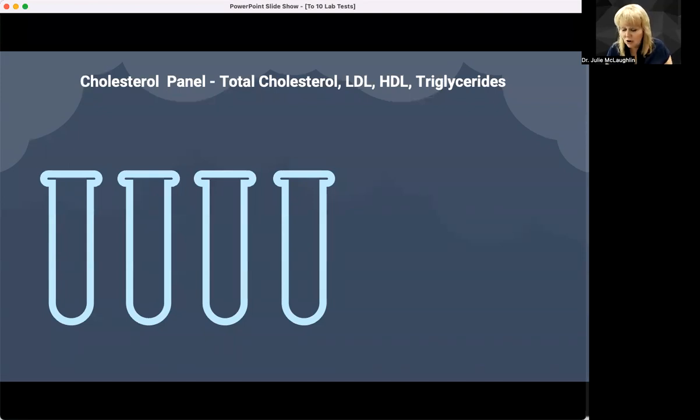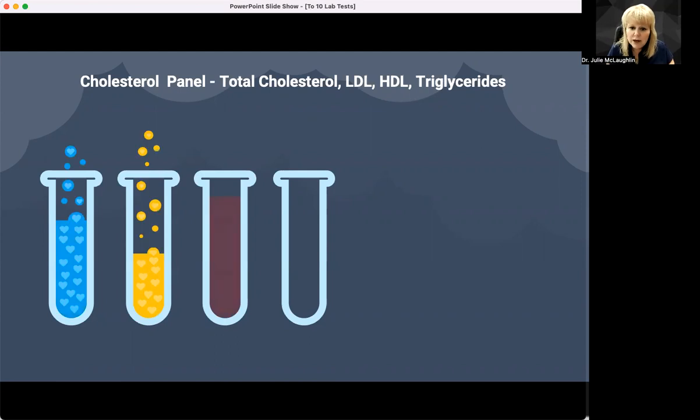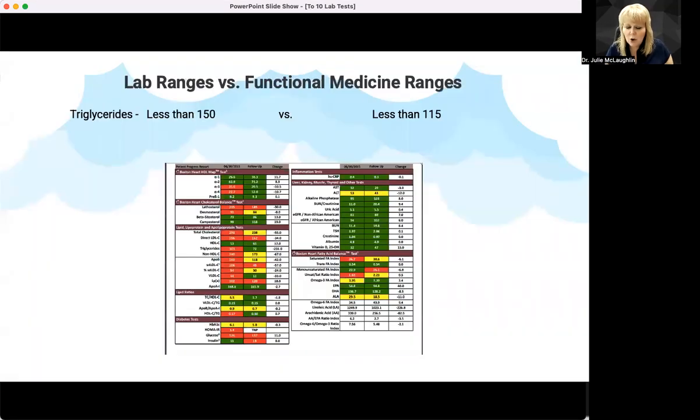In a cholesterol panel or a lipid panel, these are the tests: the total cholesterol, the LDL, the HDL, and the triglycerides. When we look at each one of those, we want to look at their ranges. You know, because you've been following me for a long time, that we have different ranges. We have the lab ranges that are printed on the lab sheet, and we have a functional medicine range.